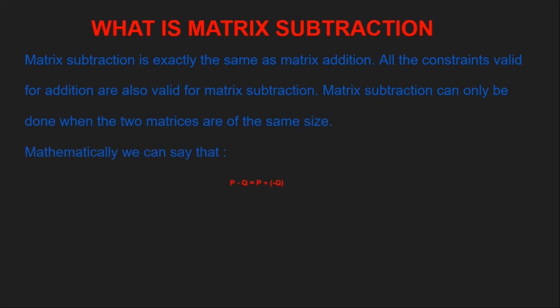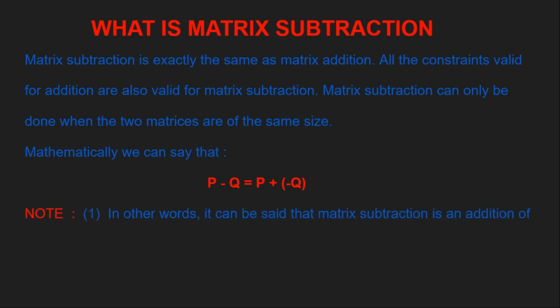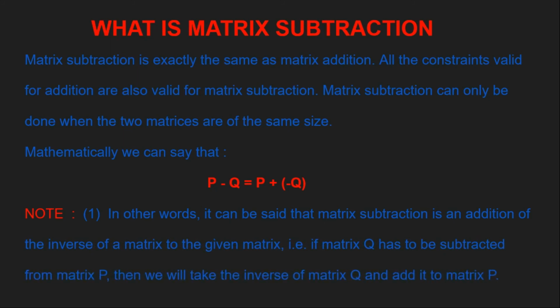Mathematically, suppose you have two matrices p and q, so how do you find p minus q? First, see the note point. In other words, it can be said that matrix subtraction is an addition of the inverse of a matrix to the given matrix.